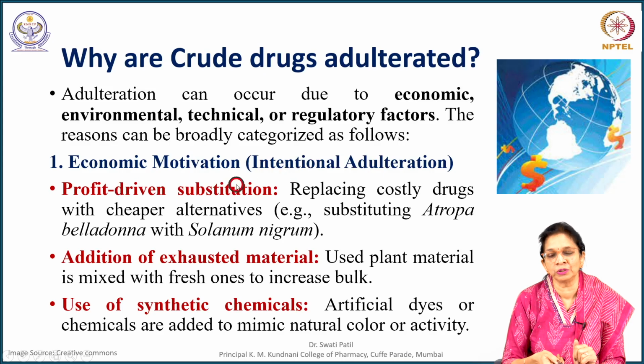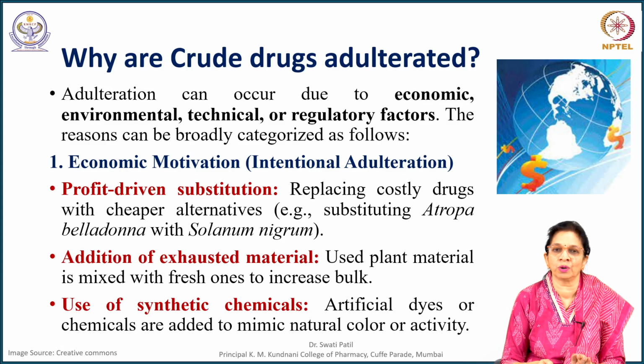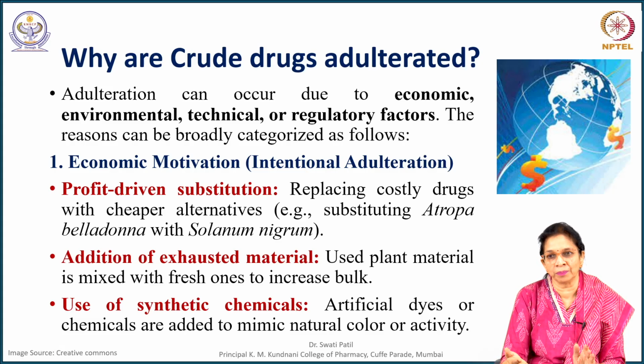Profit driven substitution falls under this economic motivation, replacing costly drugs with cheaper alternatives. So, suppose there is a big demand for a drug which is very expensive, like for example saffron.